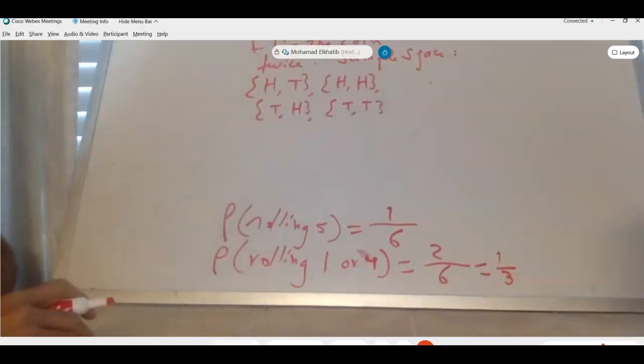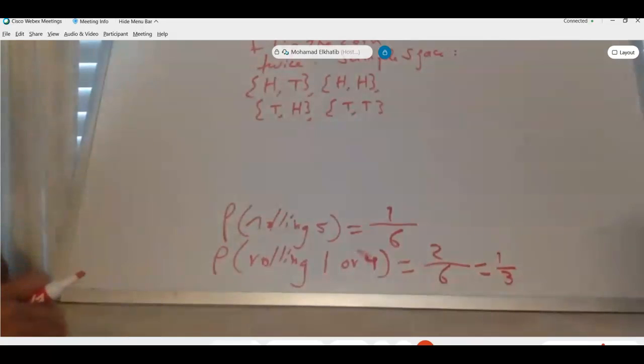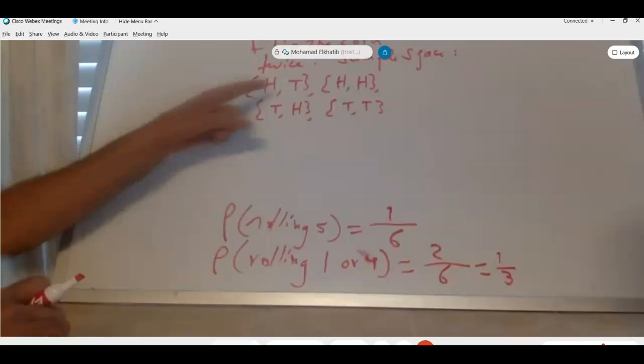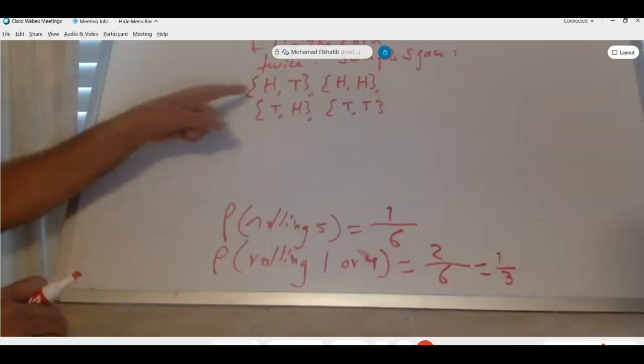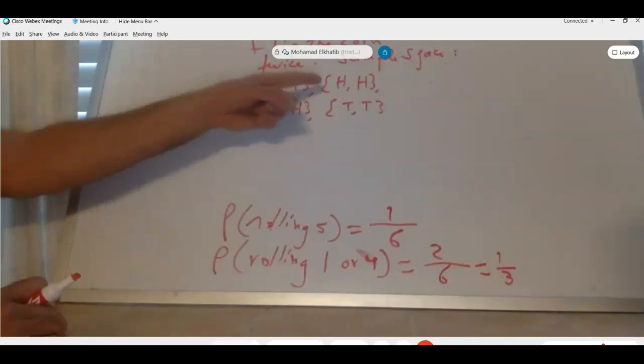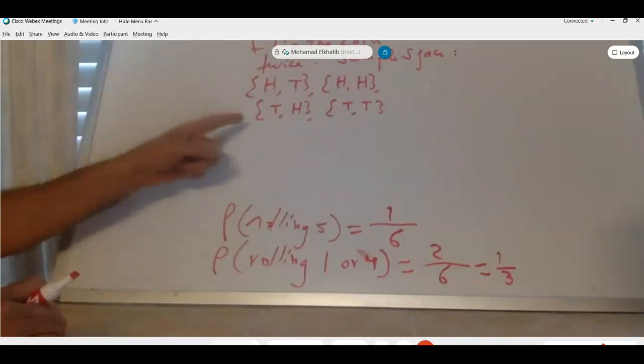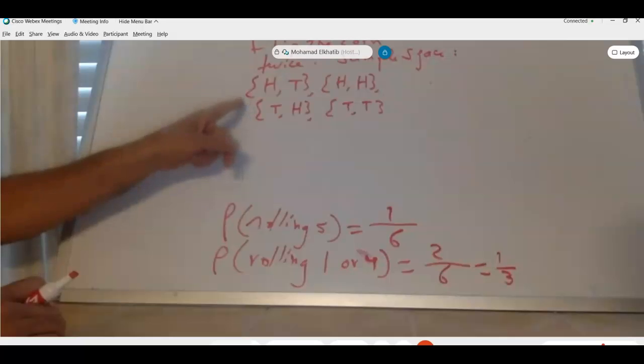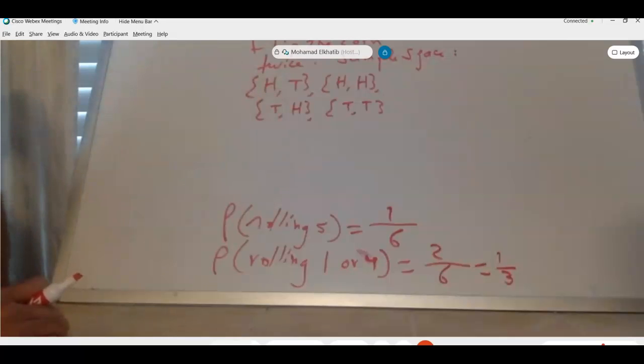Can you think, if you flip the coin twice at home and you tally what you got, is there a way that you can get two flips different than what I have for you here? I might get the first flip to be heads, the second flip to be tails. Or I might get both flips to be heads. Or I might get the first flip to be tails, then the second flip will be heads.